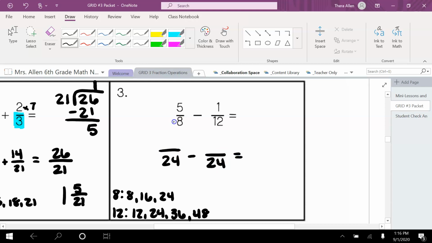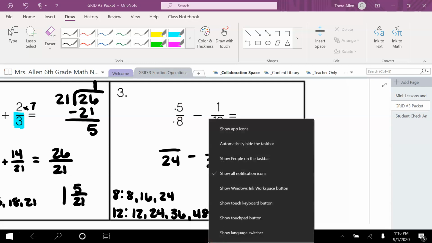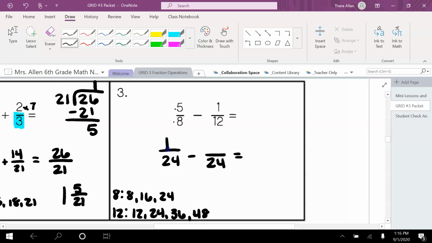This is subtraction. 8 times what can give me 24? 8 times 3. 5 times 3 then is 15. 12 times 2 is 24. So 1 times 2 is 2. And now I subtract. Leave my denominator the same. 15 minus 2 is 13. 13/24, that is a proper fraction. The numerator is smaller than the denominator, and it is already in simplest form. The numerator and denominator do not have any common factors.